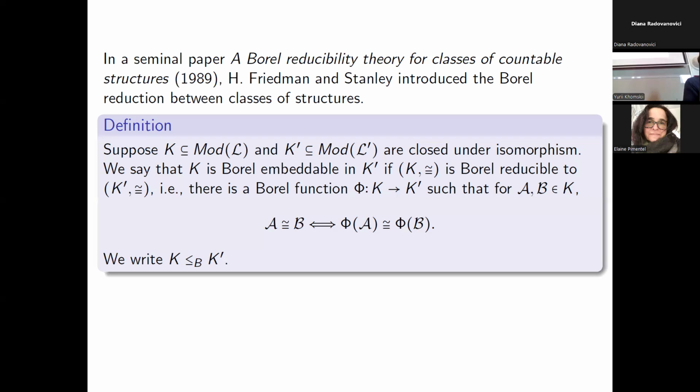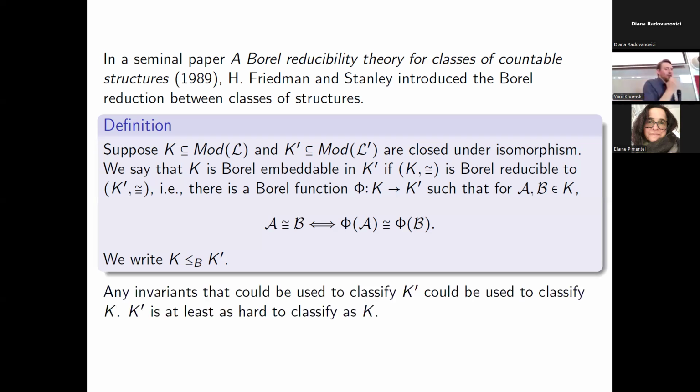You want to give a general construction. So from any graph, you build a group so that the two graphs are isomorphic if and only if the two groups are isomorphic. And again, you should think of this as saying that any invariants that you could use to classify K prime, you could pull them back to classify K. So this class of structures K prime is at least as hard to classify as K.